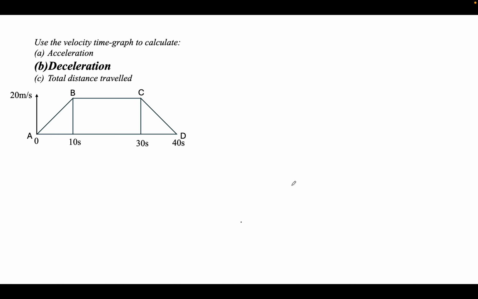So now let us calculate our deceleration. So we are going to use the same equation to calculate the deceleration, but as we can see here, the deceleration is taking place at this portion of the velocity time graph.